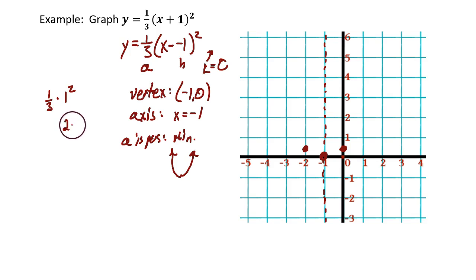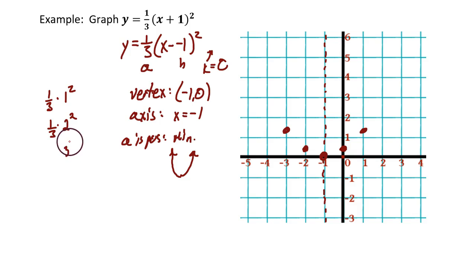If you use 2 for x and square it and times by 1/3, you get 4/3 or 1 1/3. So from the vertex, when you go 2 units to the right, you want to go up 1 1/3 units. And there will be a corresponding dot here. These are on the same level of the paper. For better accuracy, let's do this one more time.